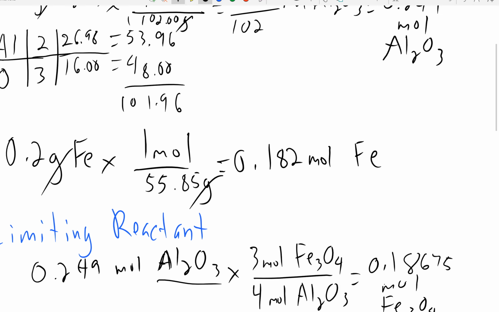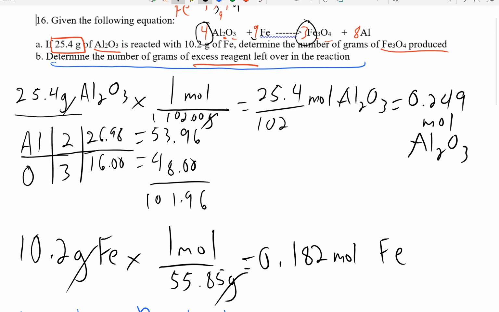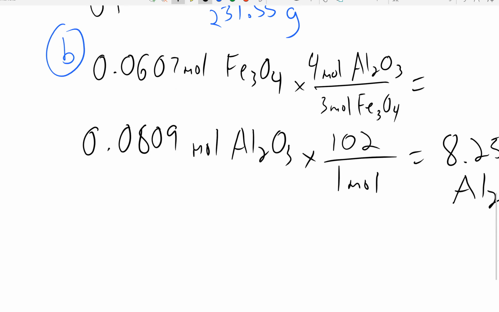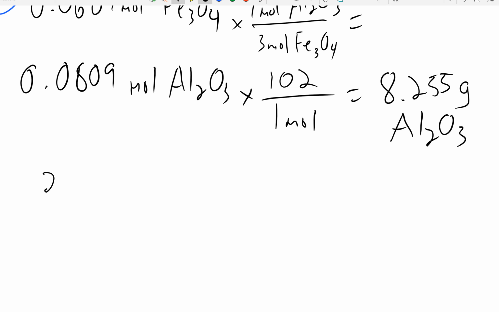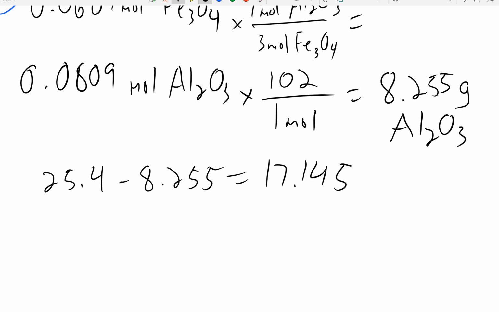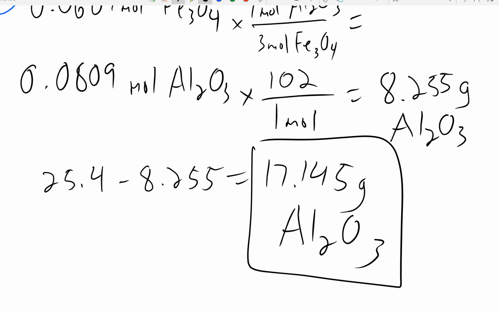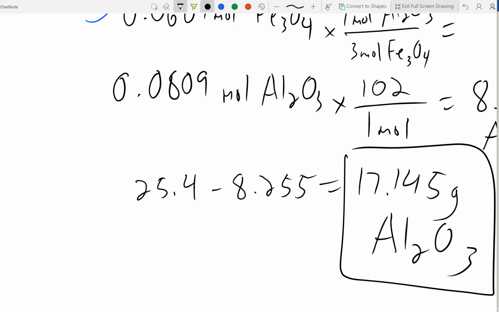Now we started with 25.4 grams of Al2O3. So 25.4 minus 8.255 equals 17.145 grams of excess reagent left over. And that is the answer to B.